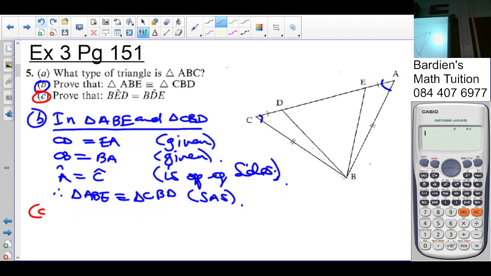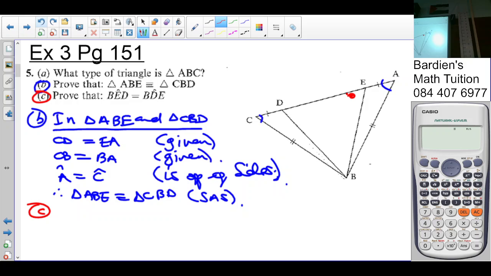Number 3, C. Prove that angle BED, this angle here, is equal to this angle here, which is BDE. Okay. So how can I start this off?